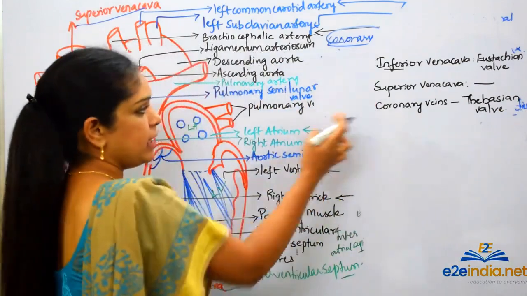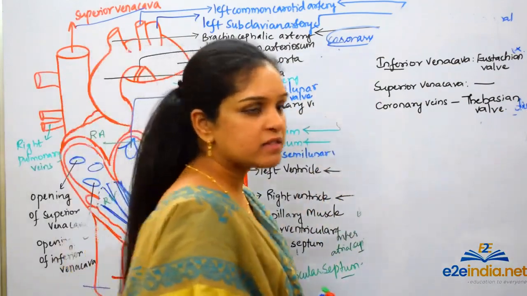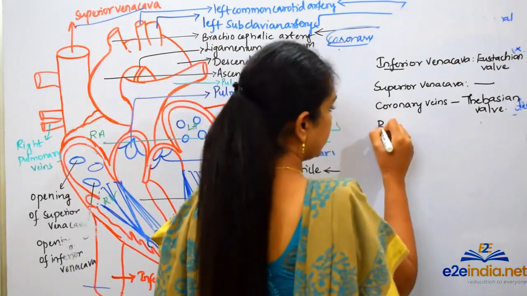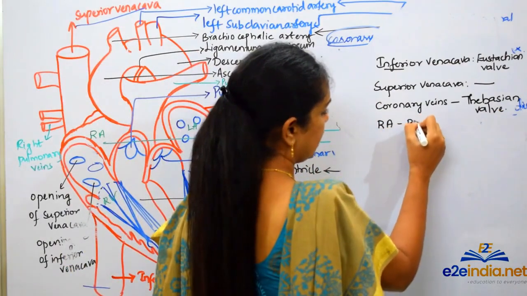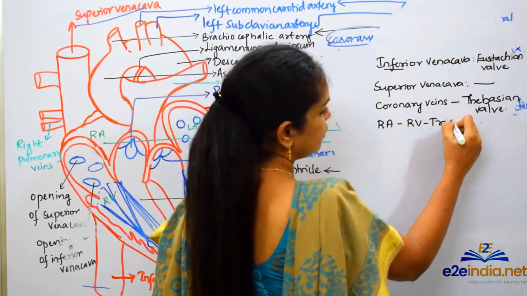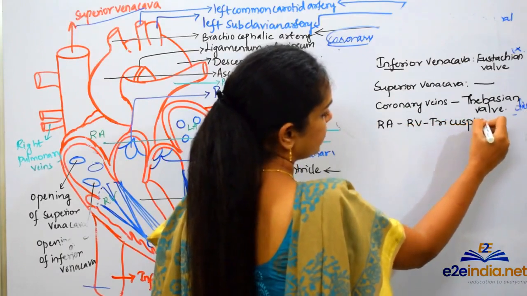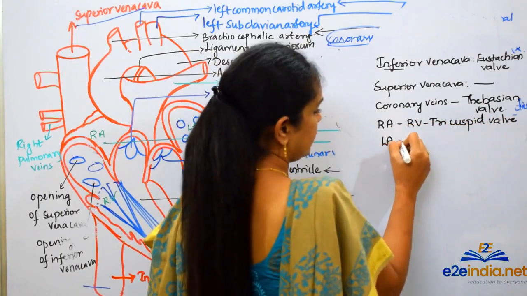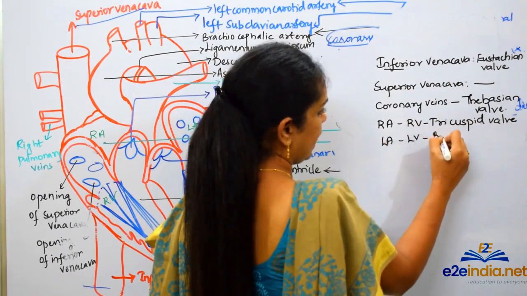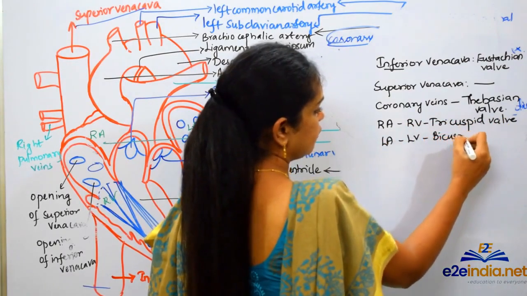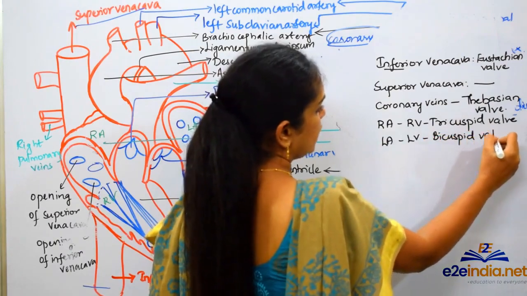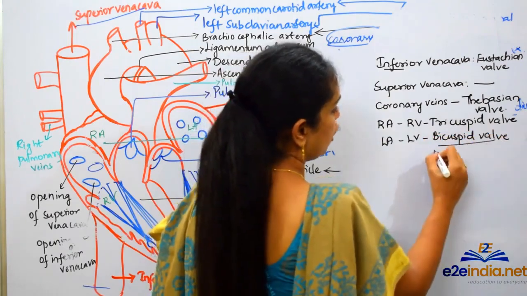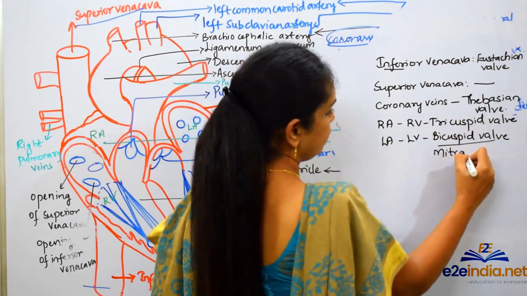Apart from these three, certain other valves are also present. In between the right atrium and right ventricle, we have the tricuspid valve. Between the left atrium and left ventricle, we have the bicuspid valve, also called the mitral valve.